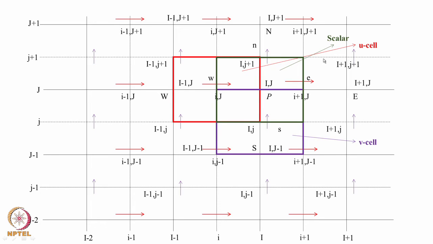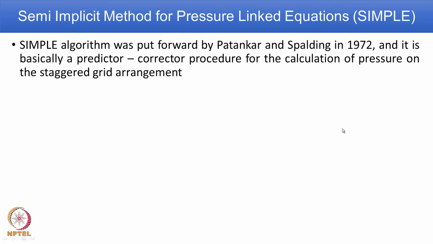As we did before, the u cell is shown between two vertical lines in the staggered arrangement, the v cell is shown between two horizontal lines in the staggered arrangement, and pressure or scalar is marked as shown here, on the original grid lines between two horizontal and two vertical. Now, please make a note of this index, because we are going to use it extensively in explaining the SIMPLE algorithm, that is, the small case and capital case letters.